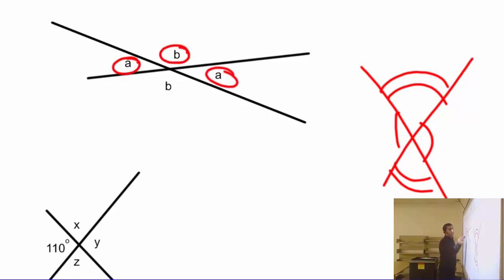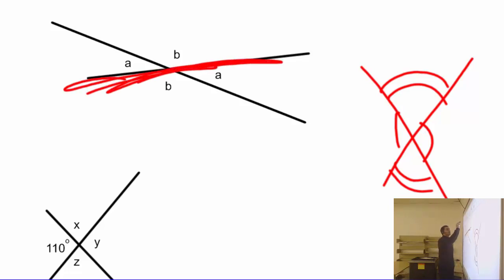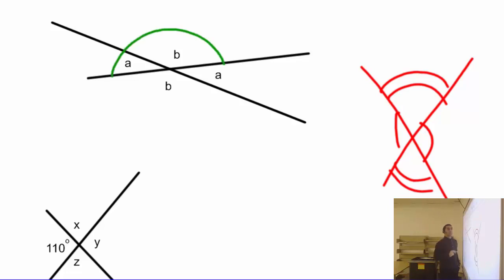This is B, that's supposed to be B as well. But at the same time, do remember that there is a relationship between A and B. This is a straight line. So A plus B is 180 degrees here.